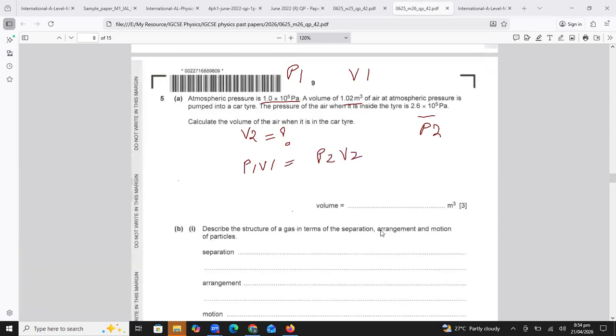All right. So P1 is 1.0 into 10 raised to power 5 Pascal. V1 is 1.02, P2 is 2.6 into 10 raised to power 5 Pascal, and we have to calculate V2. So now students, multiply both of them and divide this value on the left side and tell me what answer we are getting.